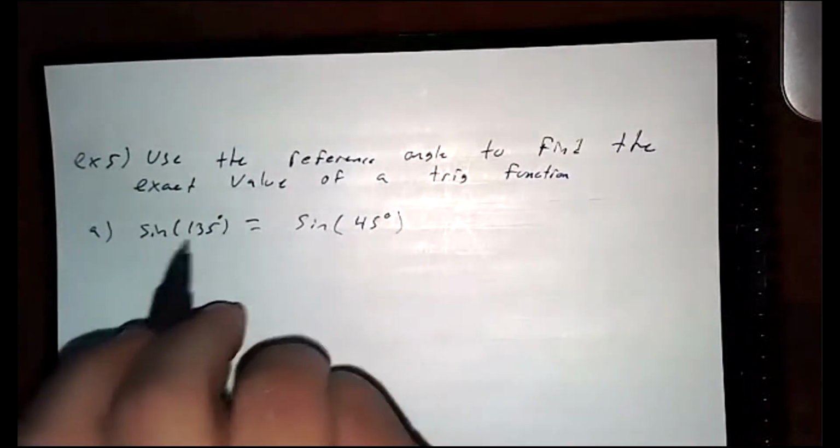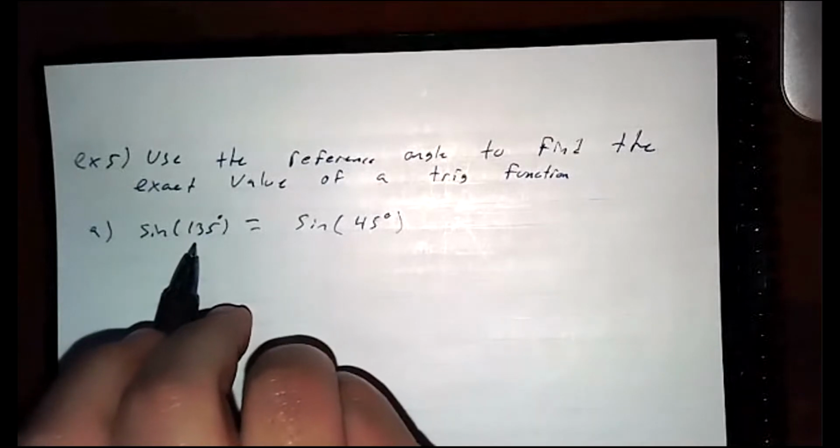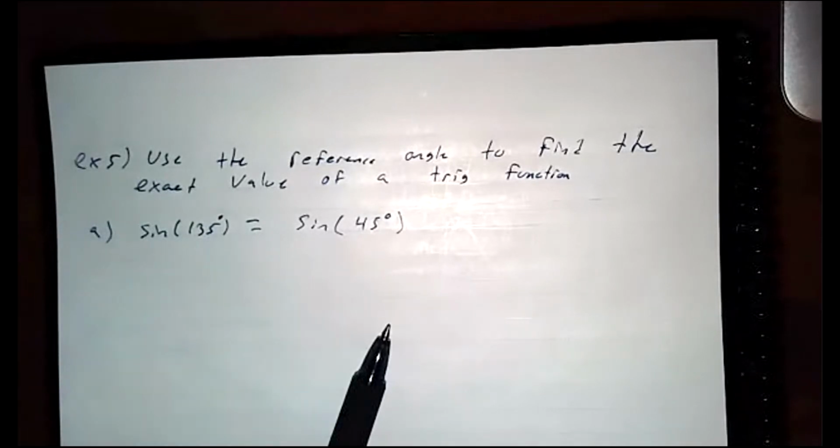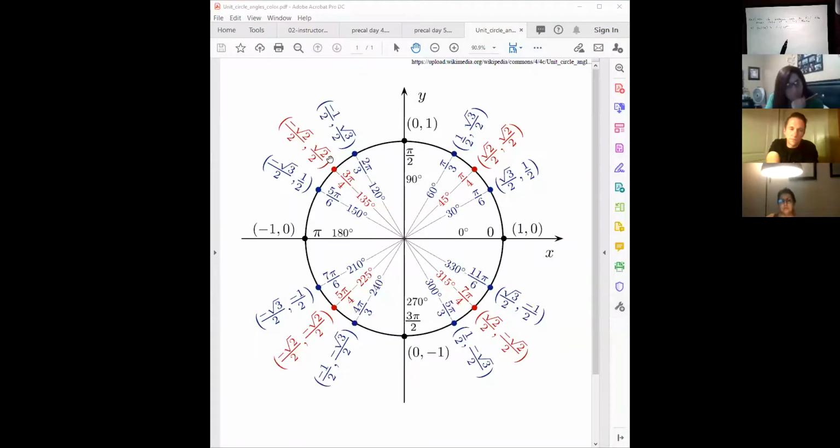Well, is sine positive at 135? Yes, right? We go to 135 and look at it. The y value is positive, so I leave it. You don't have to write a plus, so you just leave it positive.